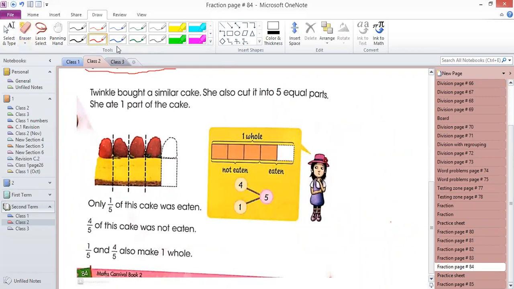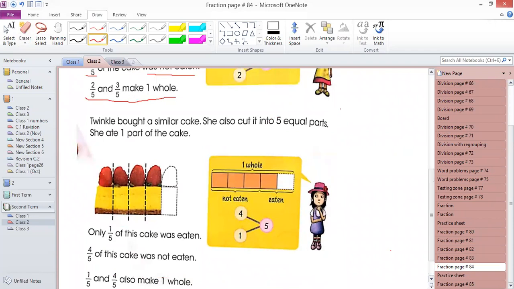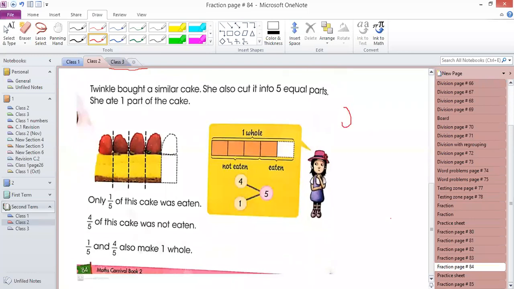Let's suppose your father brought a pizza, and the pizza is cut into 8 equal pieces. If out of 8 equal pieces you eat 2 pieces, or let's suppose 3 pieces you eat.